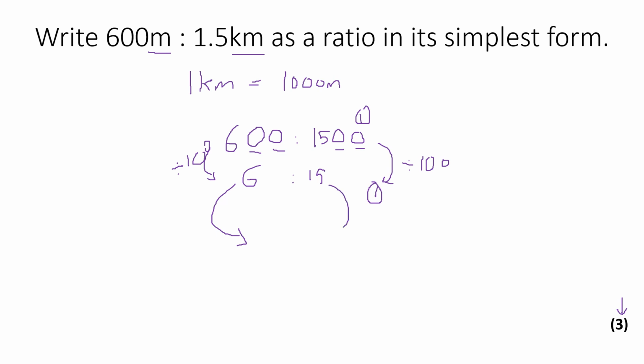Both of these are on the 3 times table. 3's into 6 goes twice, and 3's into 15 goes 5 times. I'm going to look again, right, the factors of 2, 1 and 2, factors of 5, 1 and 5, so nothing shared other than the 1, so I've now got my 3 marks.